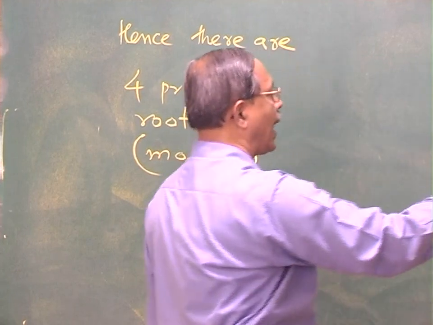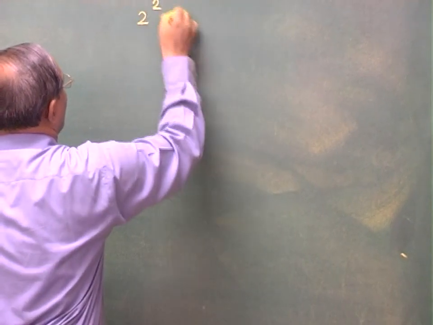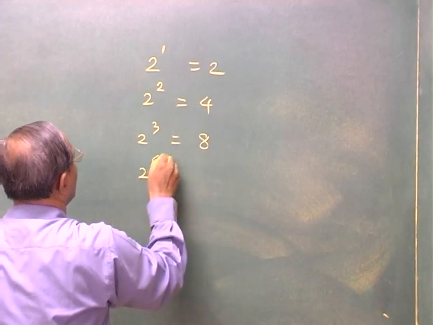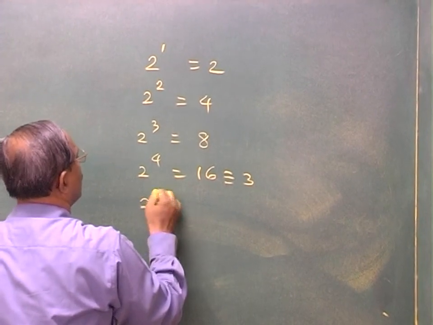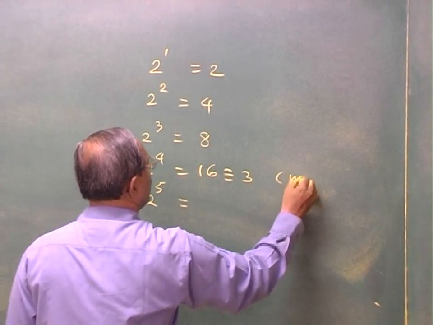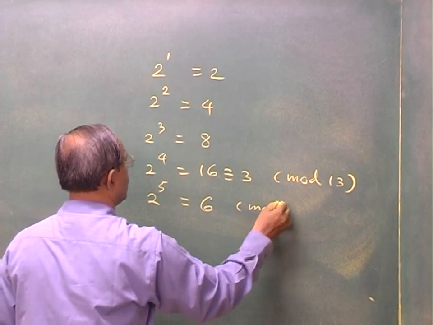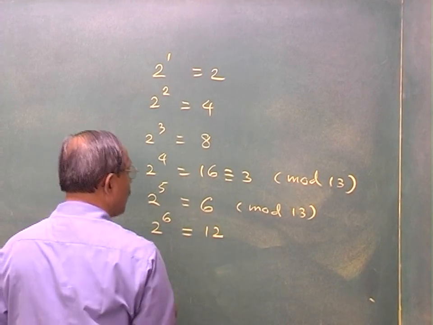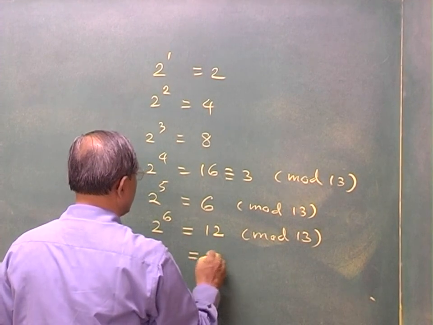So try with 2. 2 raised to 1 is 2, then 4, 8, 16 means 3. This is mod 13. 2 raised to 5 is 6. Mod 13, 2 raised to 6 is 12. Mod 13, 12 is minus 1.